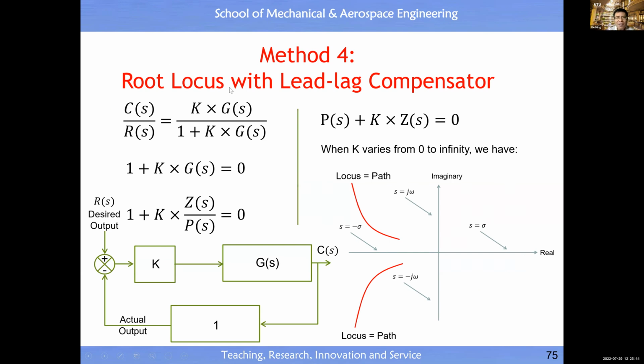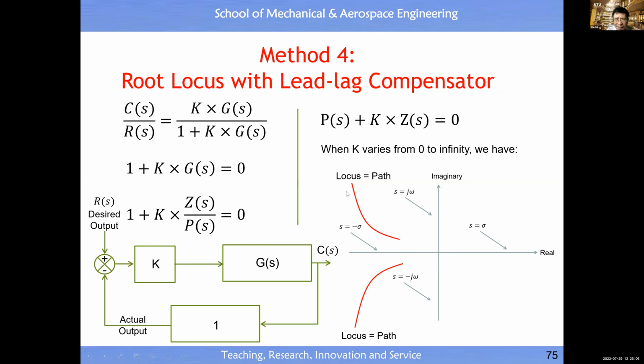This is basically to visualize all the possible roots of a denominator in the s-plane by changing k as it varies from 0 to infinity. Then it's like this red line. When k varies from 0 to infinity, you visualize the entire location of the root.